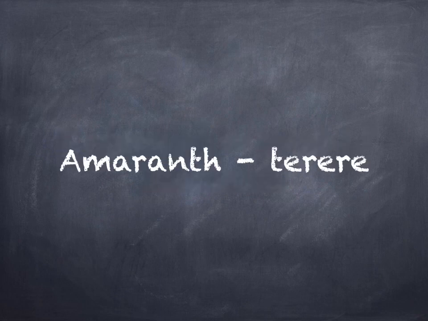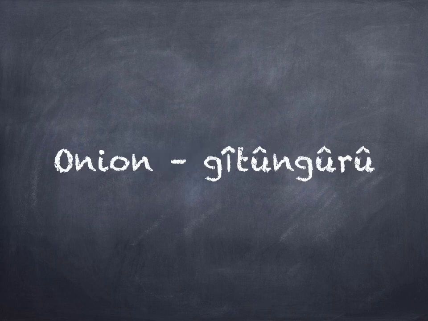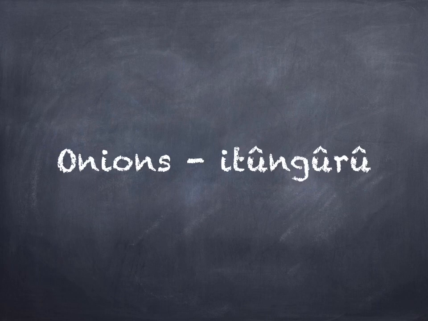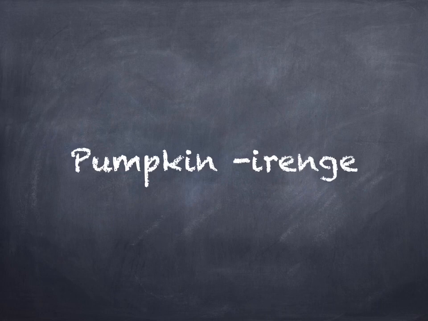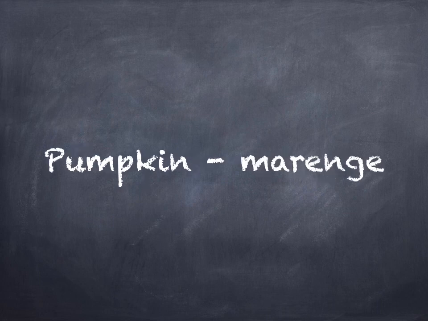Amaranth known as terere. An onion known as gîtûyû, and itoguro for the plural. Pumpkin is irege, and marege for the plural.